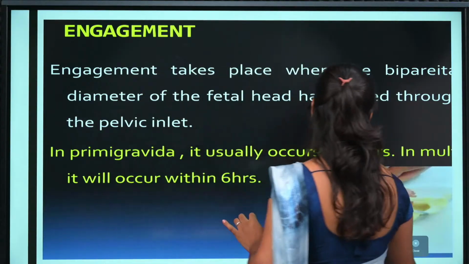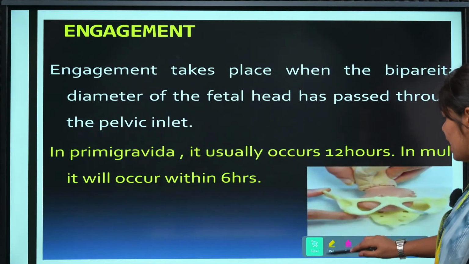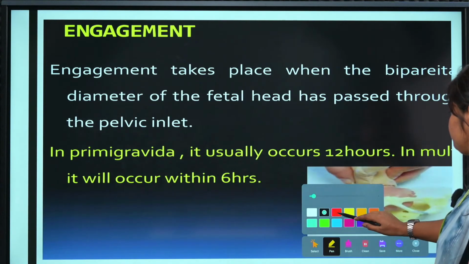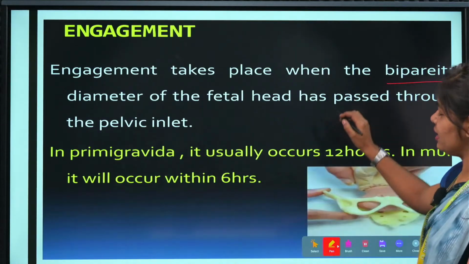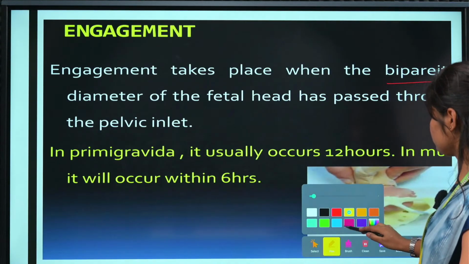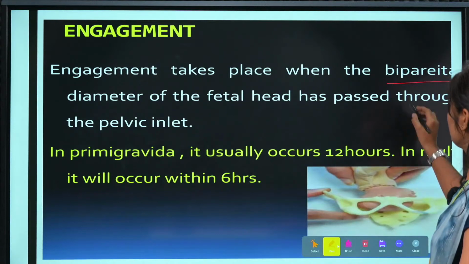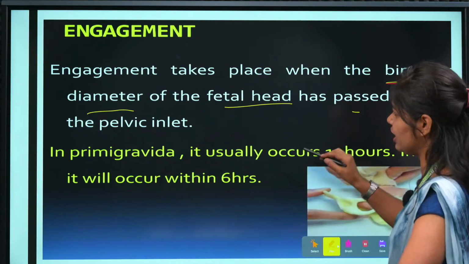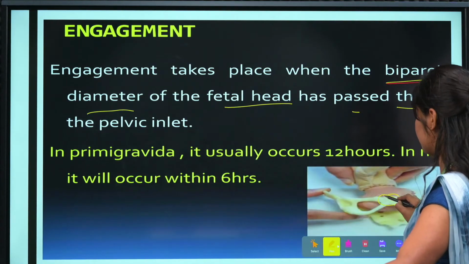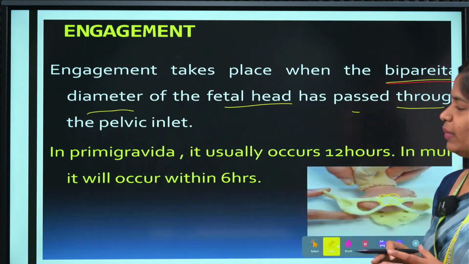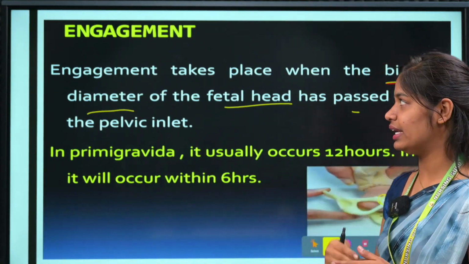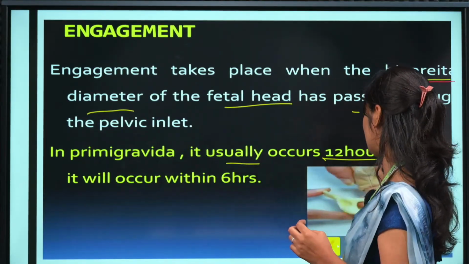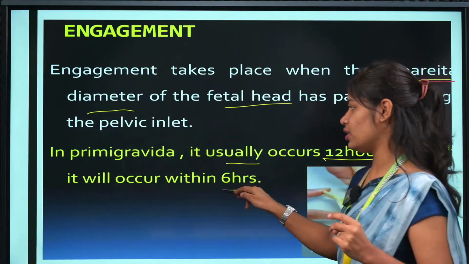When this diameter of the head passes through the pelvic inlet, we call it engagement. In primigravida, it usually occurs 12 hours before labor; in multigravida, it will occur within 6 hours.